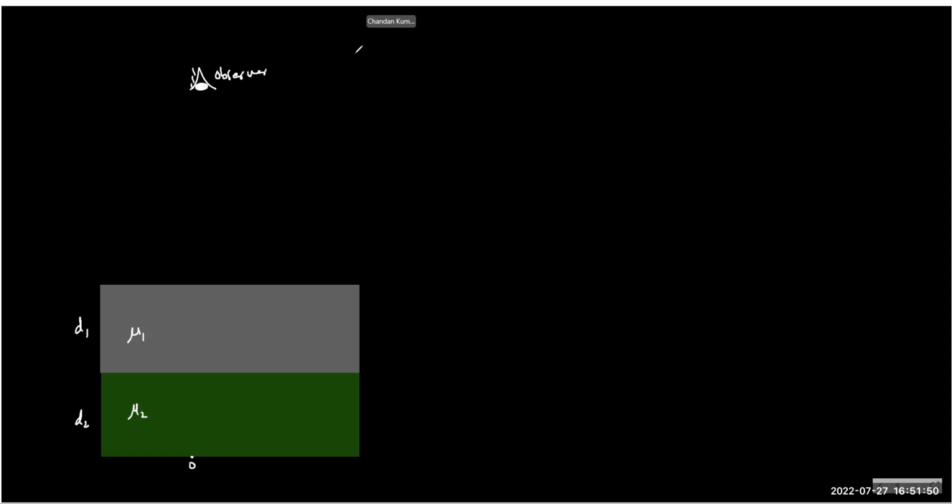So here, how will the light ray move? One will move directly like this, nothing will happen. The other will move at some angle. Okay, thicker one. So what is the relation between mu1 and mu2? No relation. So you can choose whatever you want.